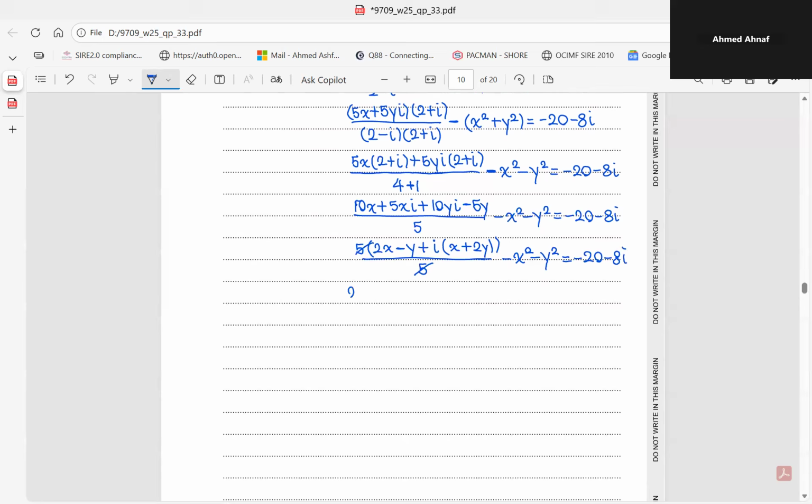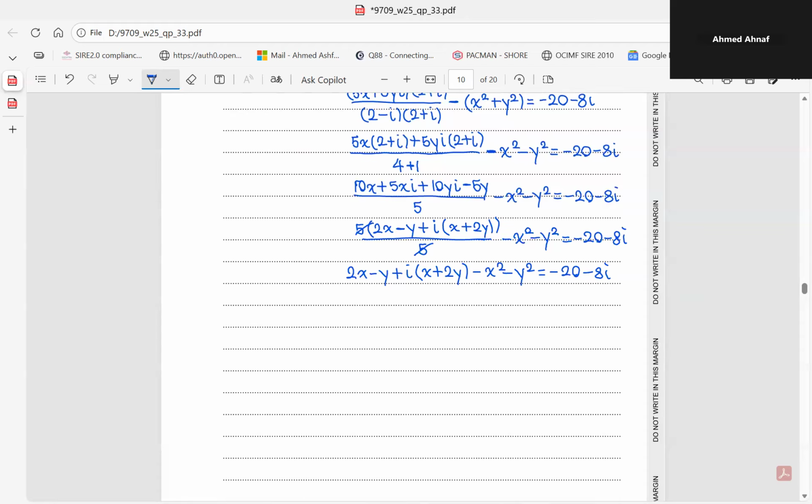So you get 2x minus y plus i times (x plus 2y) minus x squared minus y squared minus 20 minus 8i. Okay, so we're going to now combine the real and imaginary parts.